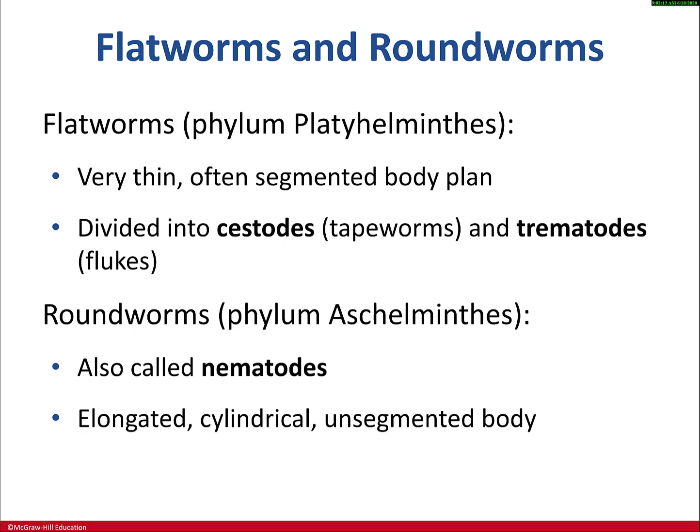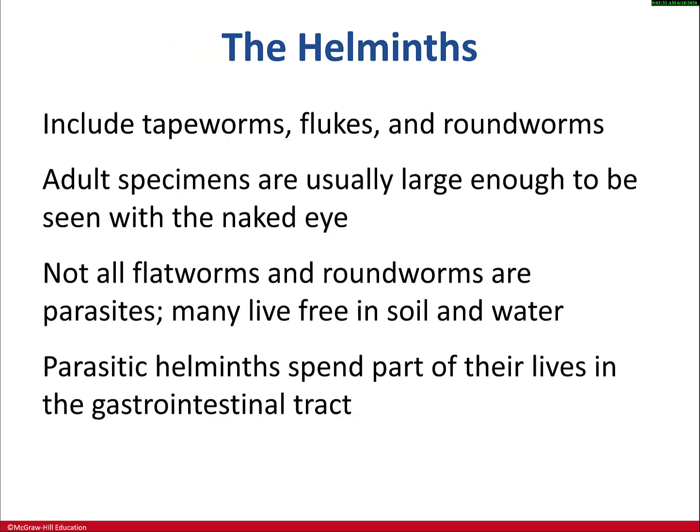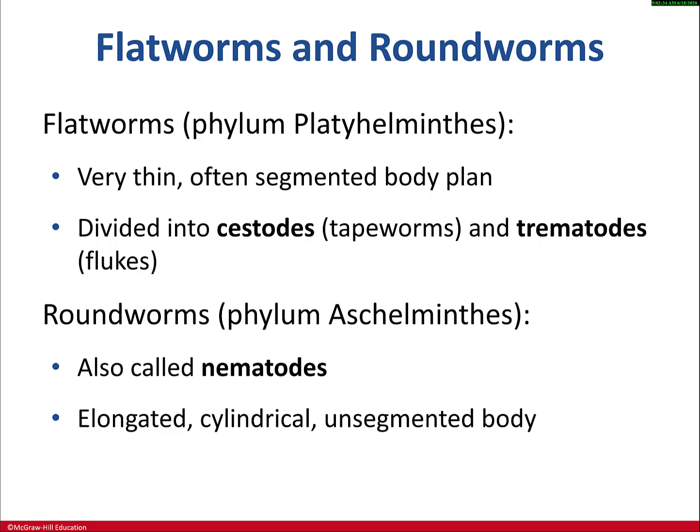We have the flatworms, or Platyhelminthes. Platy means flat, very thin, segmented bodies. Now, one of the things I'll tell you is that these types of pathogens we're talking about, the helminths, they are lean, mean, reproductive machines.